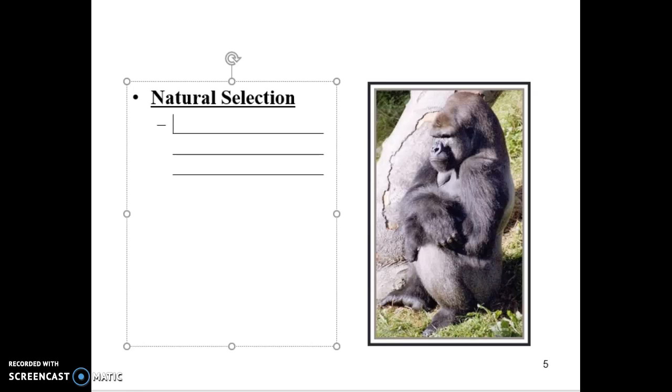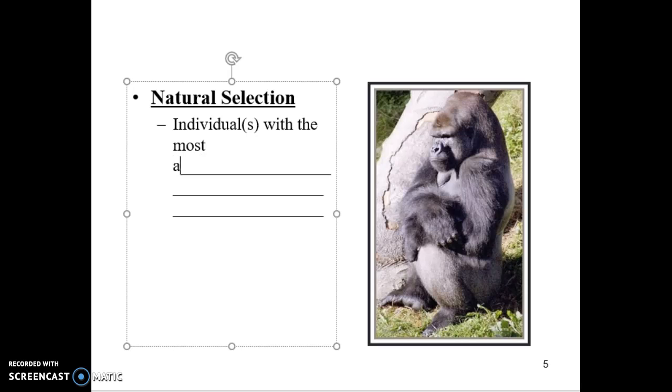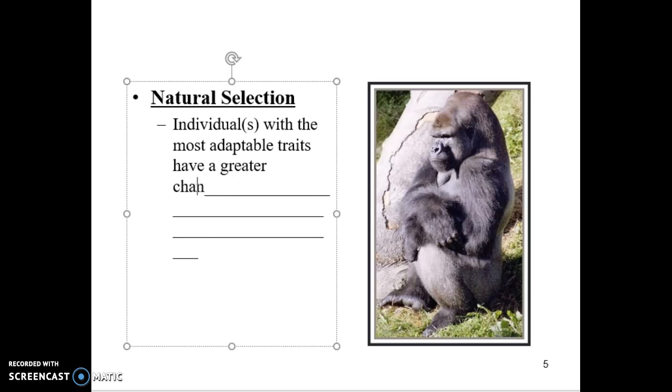In natural selection, the individuals, and I'm going to say individual or individuals, with the most adaptable traits have a greater chance of reproduction. So natural selection, this was Darwin's key idea for how he felt evolution occurred.